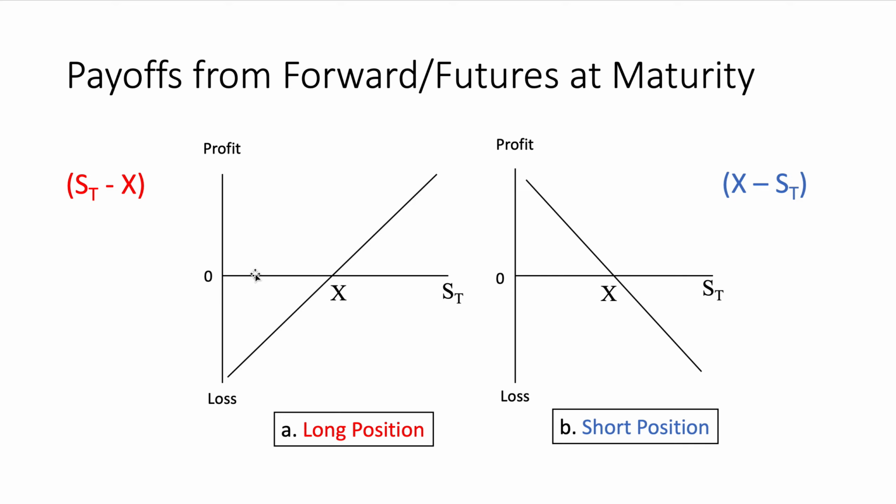Now, you know what I mean here, right? Along the horizontal line is the spot rate at the maturity date.